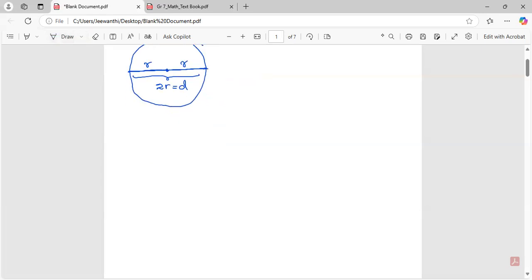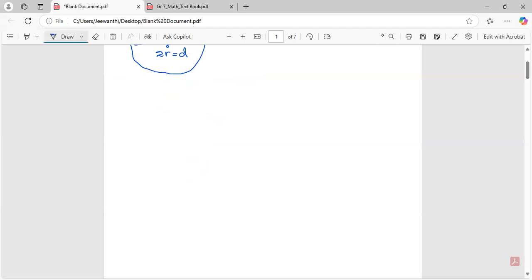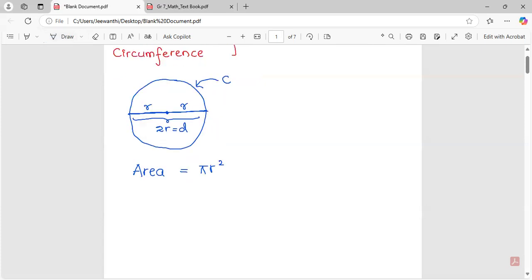Mathematicians did these investigations, calculated, and introduced this. If you want to get the area of a circle, how do you find it? πr squared. Now, r you know: r is the radius of the circle. What is this π? It is a mathematical symbol.